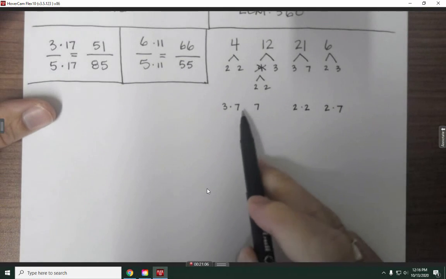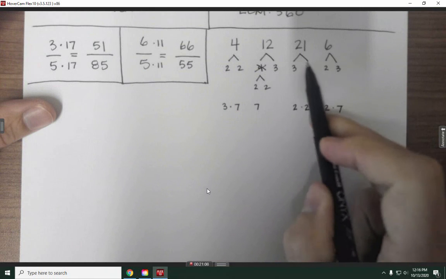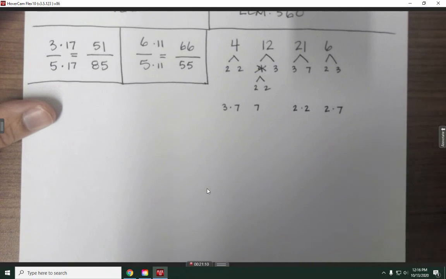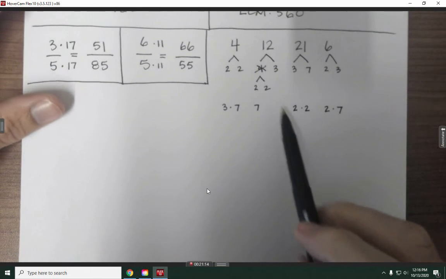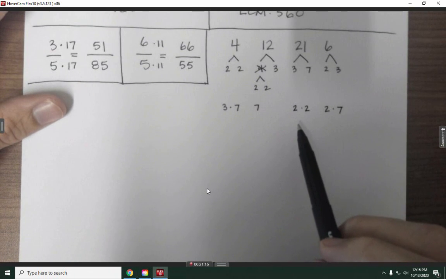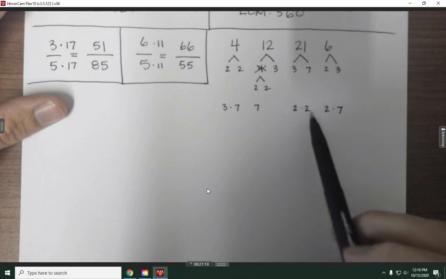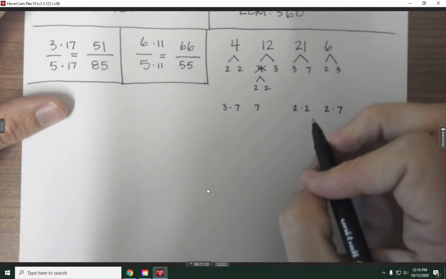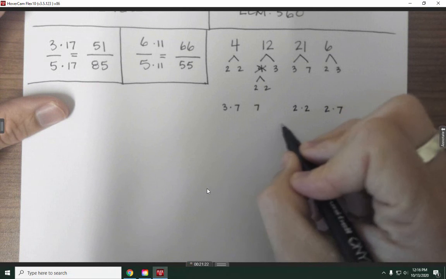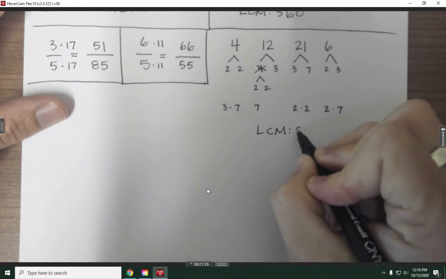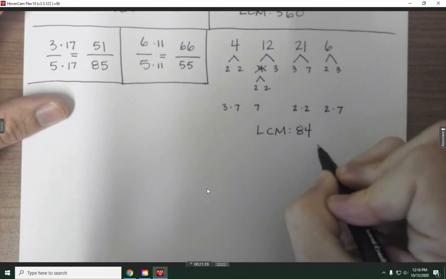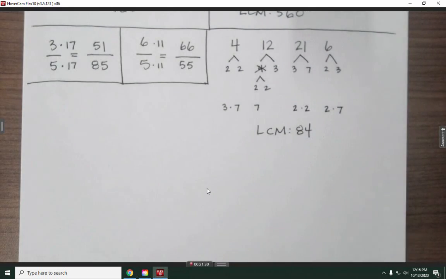And so we have the same 4 numbers on each one of these. Okay. And so if we're doing the math on this, this is going to be 21 times 4, which is 84. So all these buses should be back in 84 days on the same day.